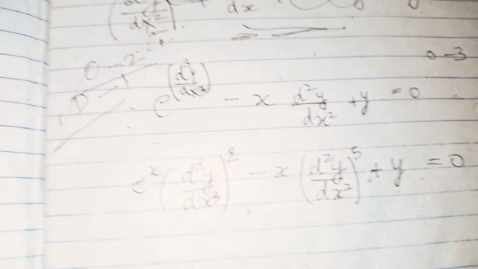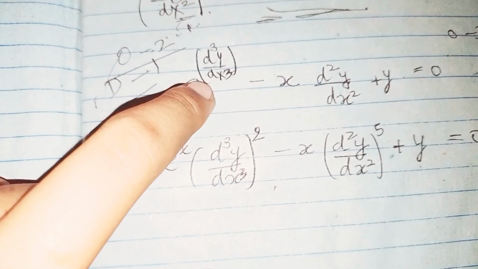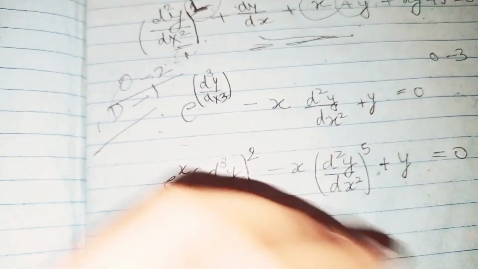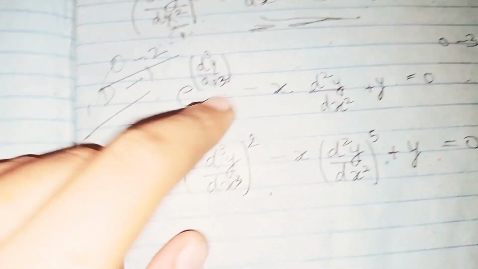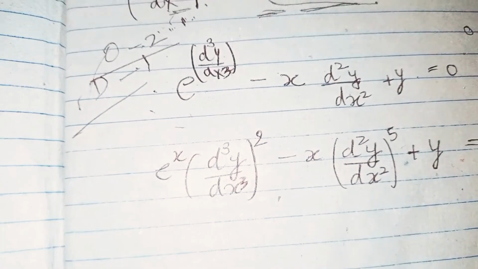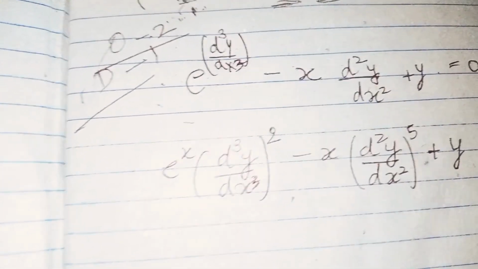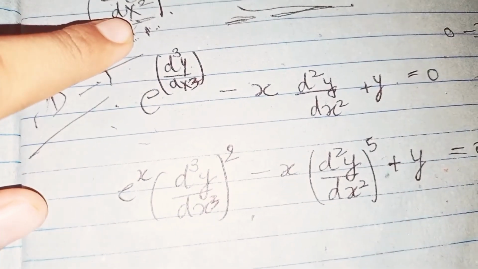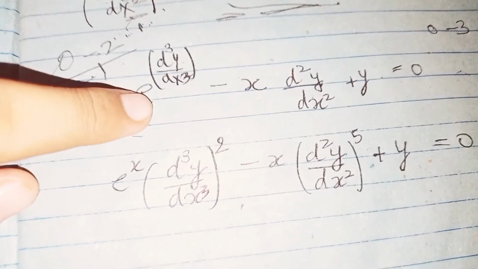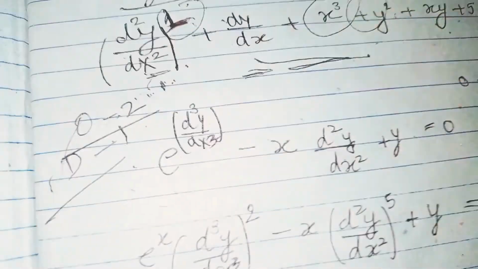Now its order is 3, but what will be its degree? First we have to see whether this is in the form of a polynomial, or can be expressed in the form of a polynomial. But here it is e to the power of this. Can we express it in free form? We can at least try.